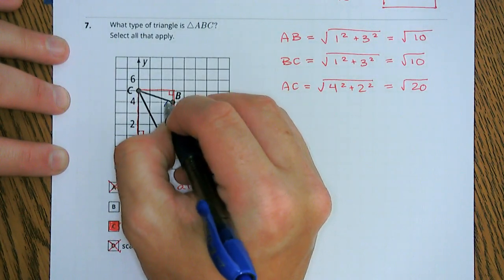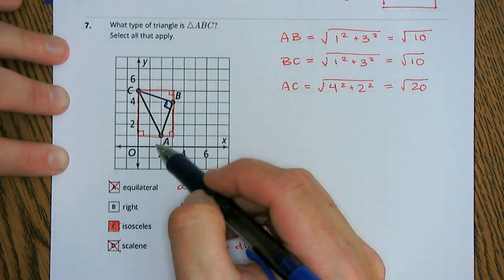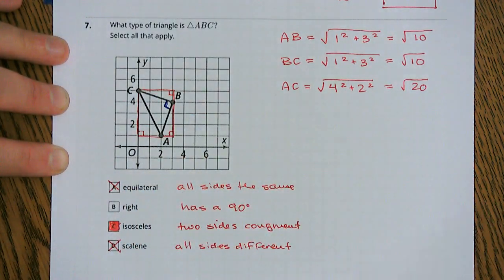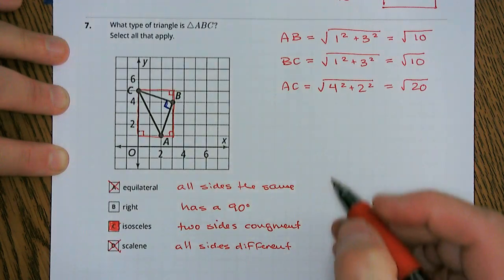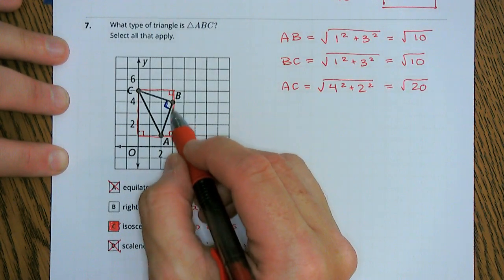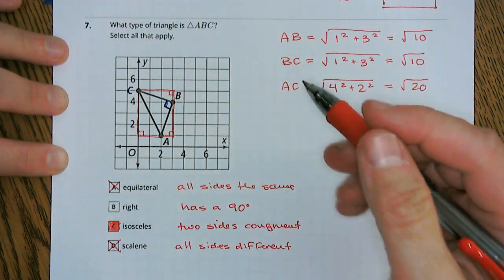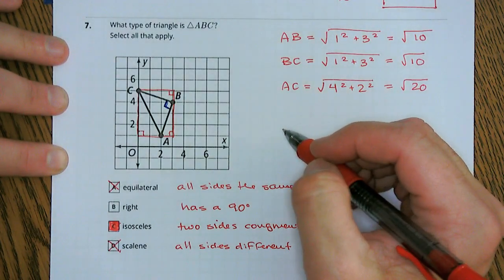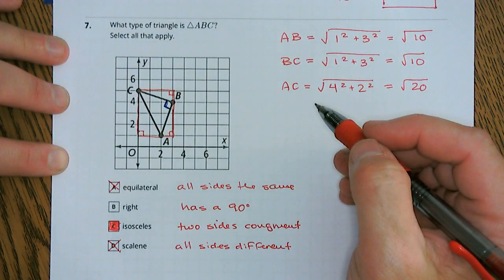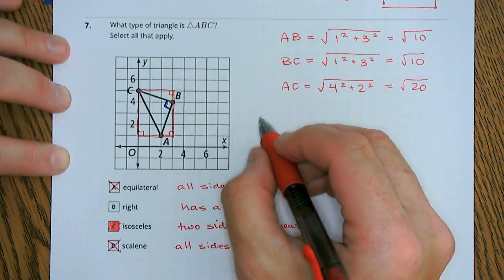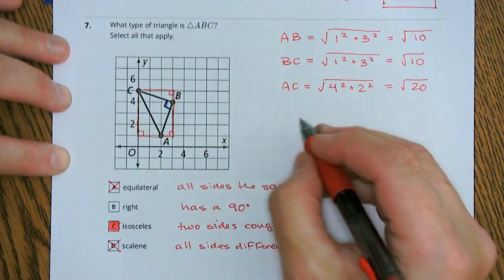It looks like it probably lives right there in that corner between AB and BC. Remember, for right angles, we should see perpendicular. We're going to have two slopes that are opposite reciprocals of each other. So let's figure out our slopes for AB and BC.